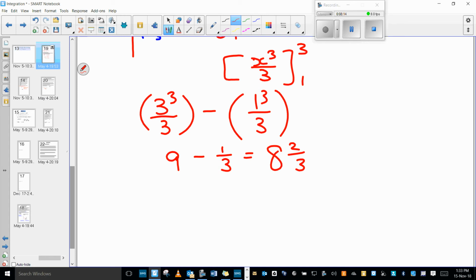At the moment it's a 1, and we would need a denominator of 3. So we multiply both top and bottom by 3. That would be 27 over 3, subtract 1 over 3, which is 26 over 3. How many times does 3 go into 26? 8 times, and then there's 2 left over. So you get the same answer either way.